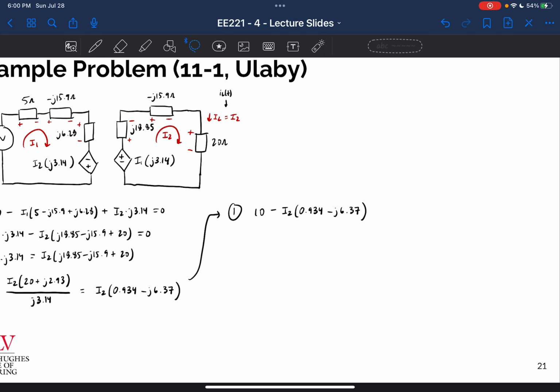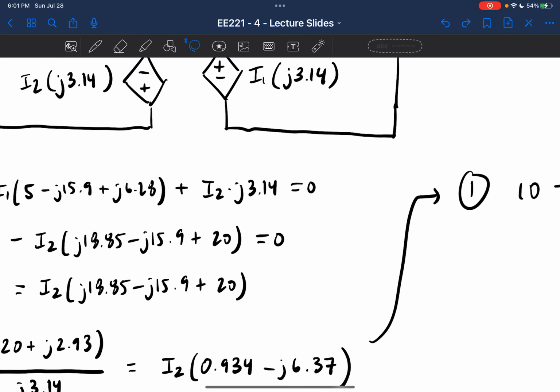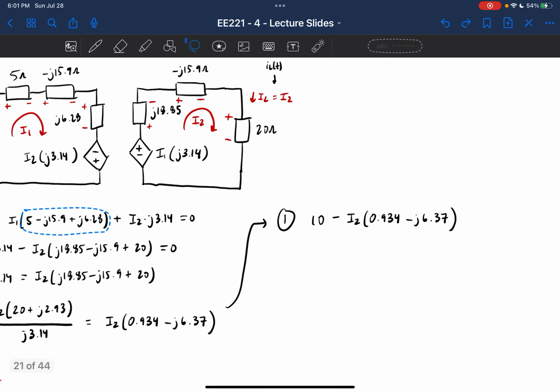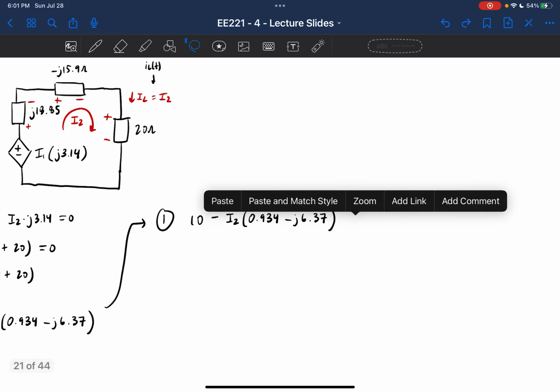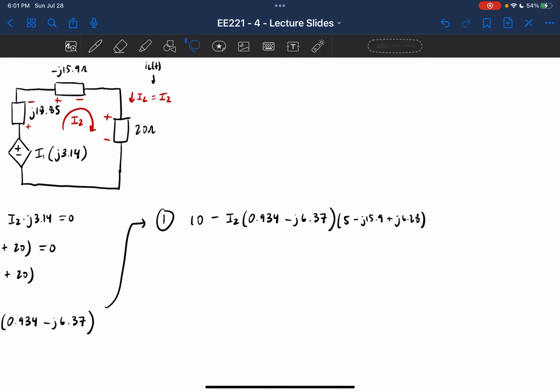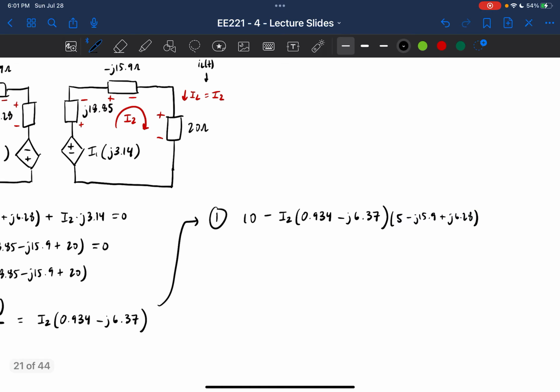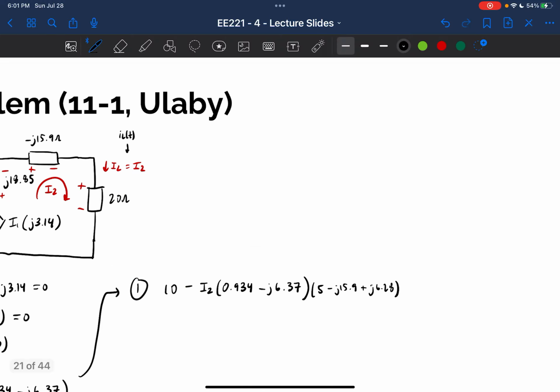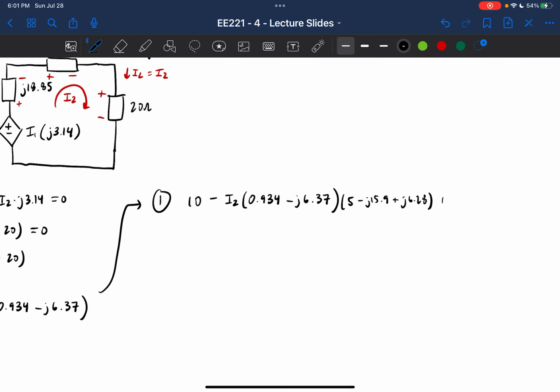Okay, so this is me plugging I2 in for I1 right here. So now I still need to multiply that by that entire impedance here. So let me grab that impedance, throw that in right here, and then plus I2 times j3.14, sorry. And then that whole thing is equal to 0.